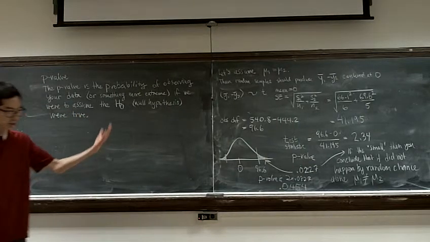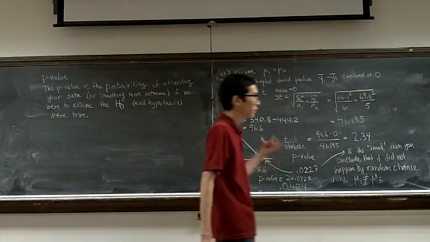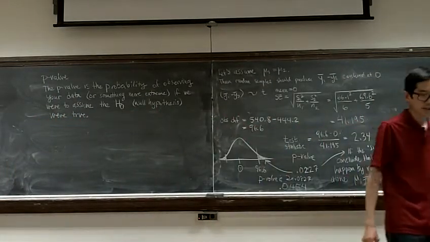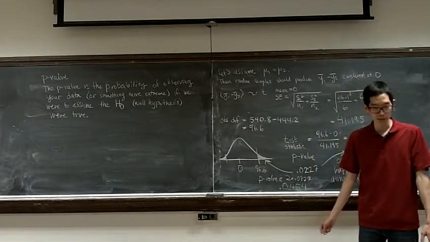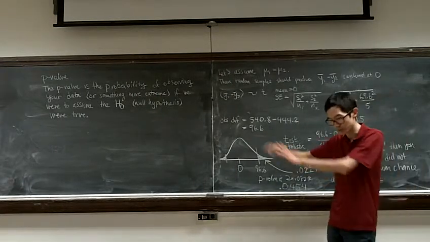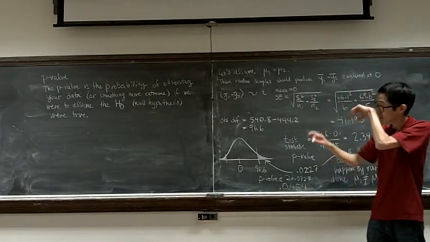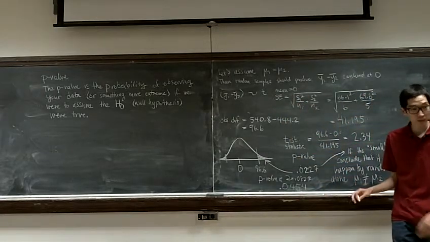So if we assume the null hypothesis were true, what's the probability that we would observe a difference of 96.6 in our data? That's what the p-value is.